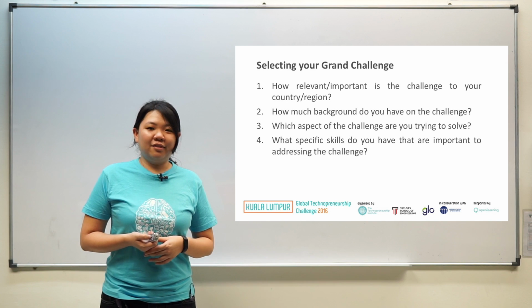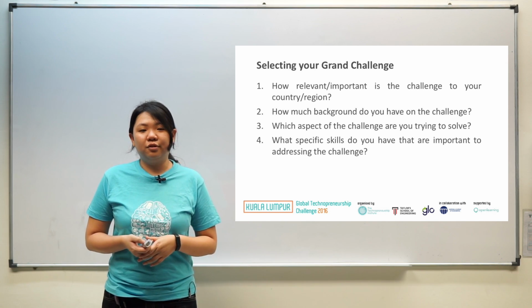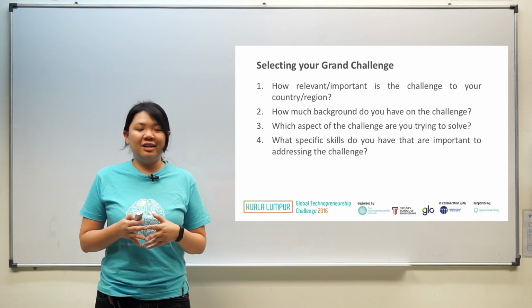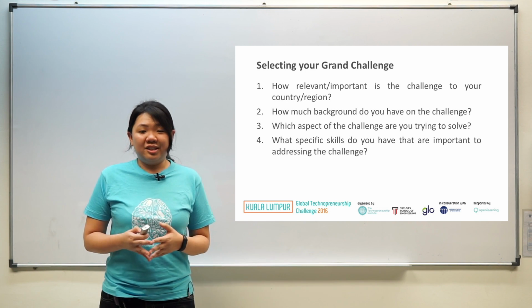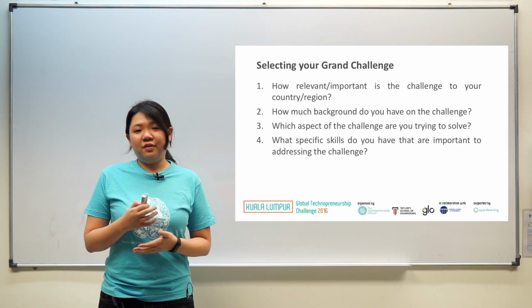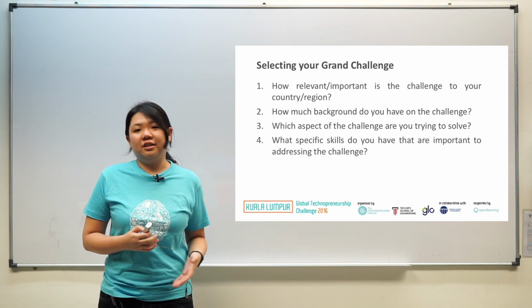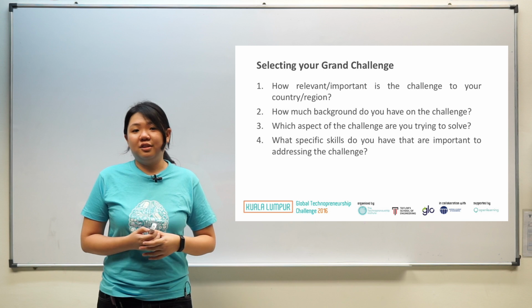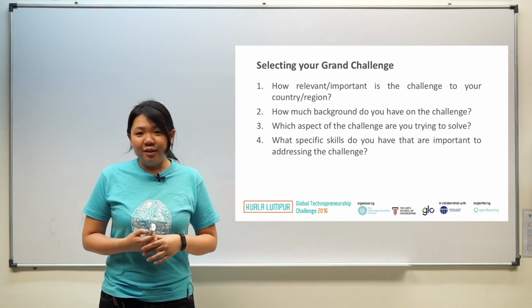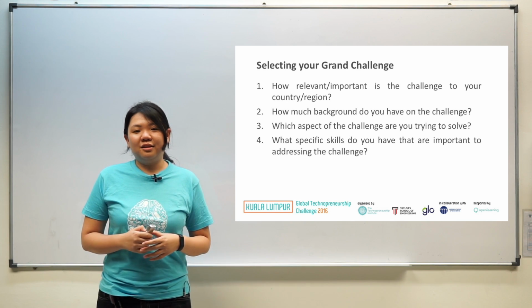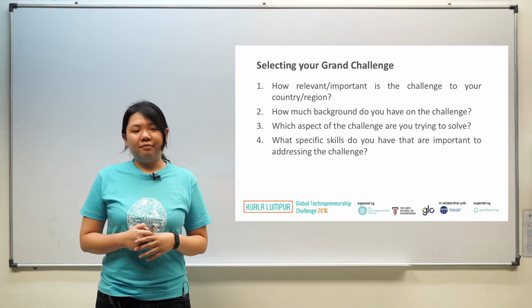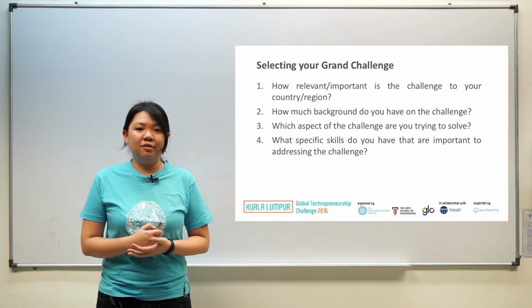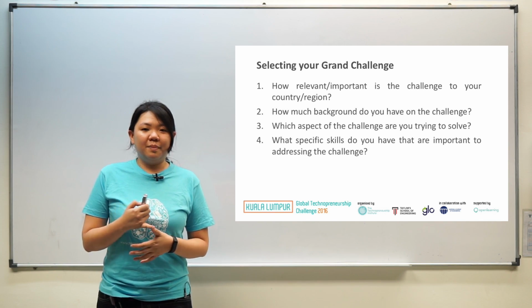Third, which aspect of the grand challenge are you trying to solve? The grand challenges are grand challenges for a reason. It would take a large feat to take on the entire grand challenge, so you want to decide which aspect you would actually want to solve. Let's take the grand challenge of making solar energy economical. If you want to create a solar panel, do you want to create a solar panel that's more efficient?